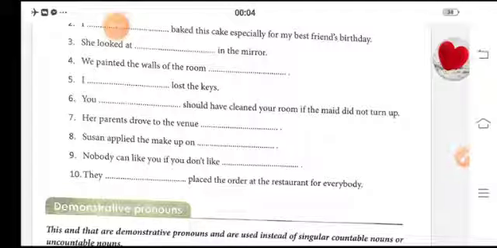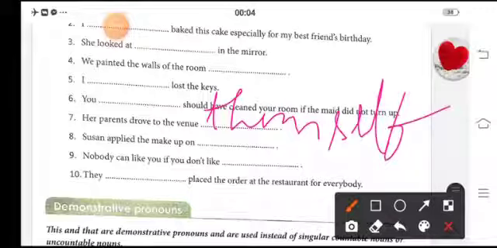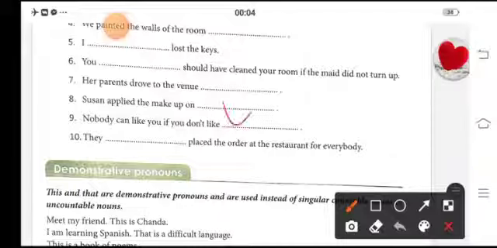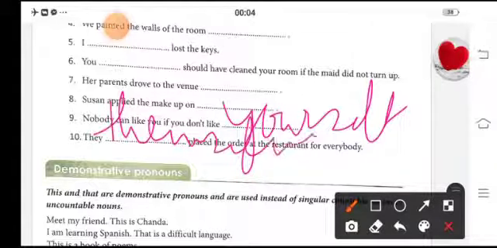Then her parents drove to the venue themselves. And nobody can like you if you don't like yourself. And they themselves placed the order at the restaurant for everybody.